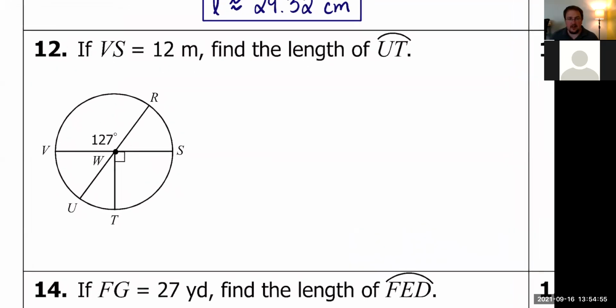Number 12, I think this will be our last one for today. I'll give you the rest of the answers in case you want to try some out on your own. But number 12 says VS, which looks like a diameter, is 12 meters. So since I have the diameter, circumference is just pi times the diameter.